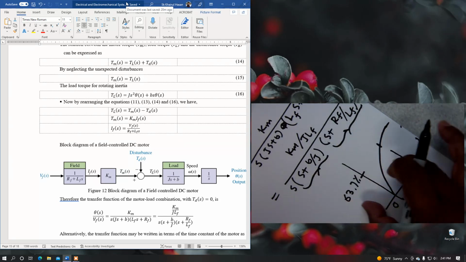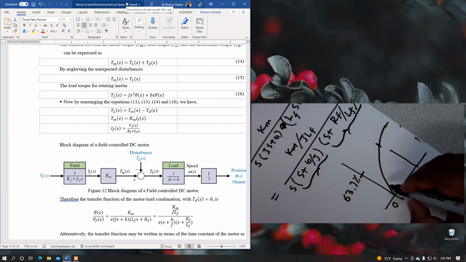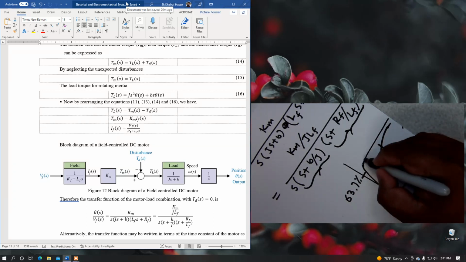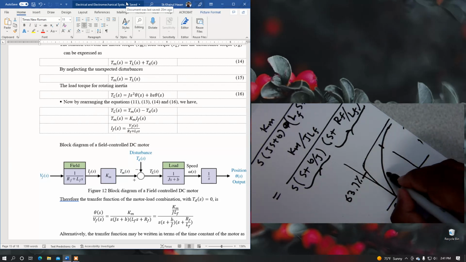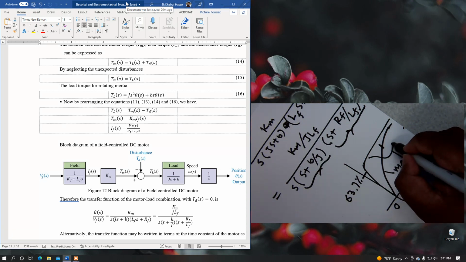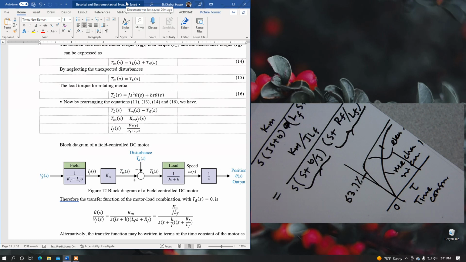Here we can see two first order systems, and both have their own time constant. One is for the mechanical and the other is for the electrical. That means the electrical will reach the steady state very quickly, whereas the mechanical will take more time.